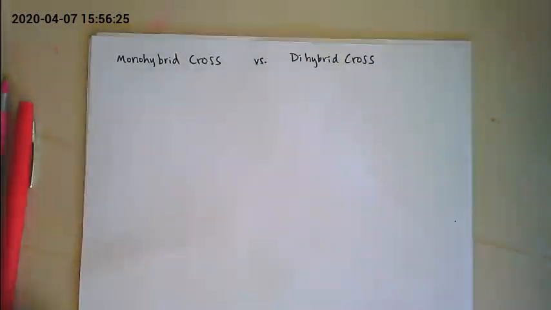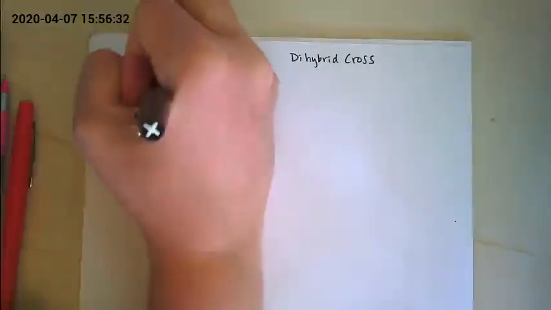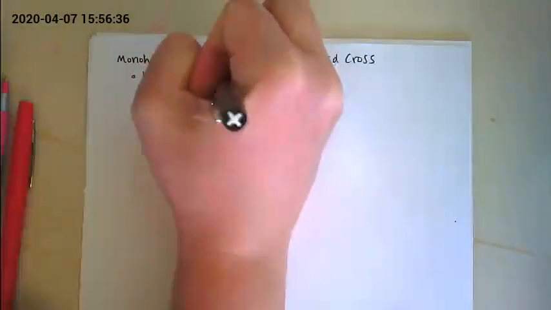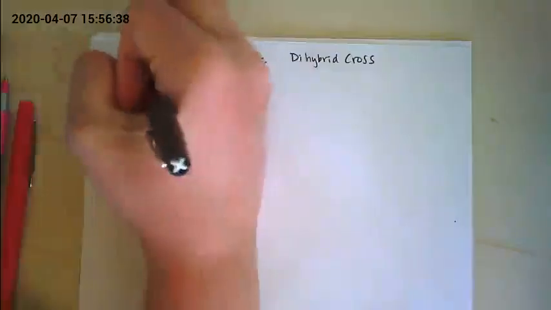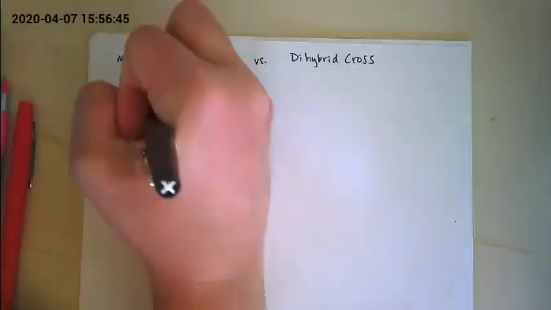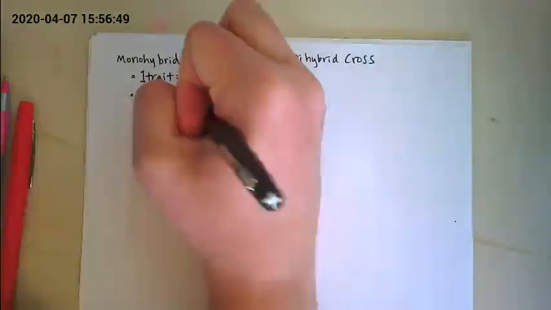A few things about monohybrid crosses. We used the monohybrid cross when we looked at just one trait, for example, maybe eye color. One trait. It looked at one allele, so we only used one type of letter. Maybe we used B's.